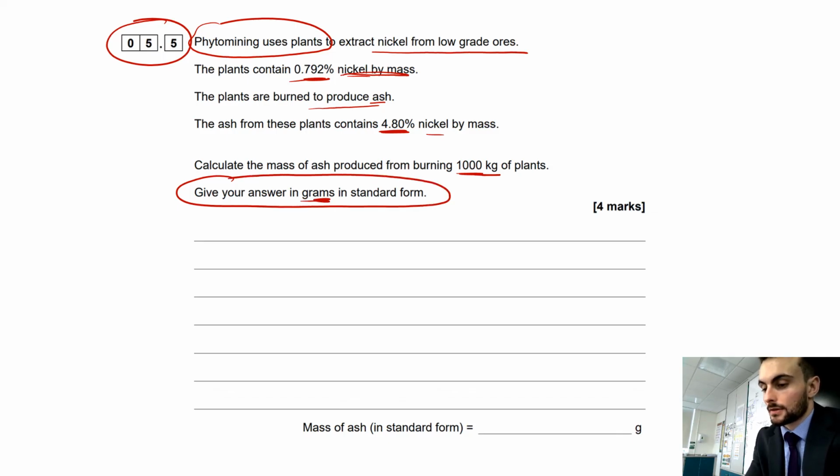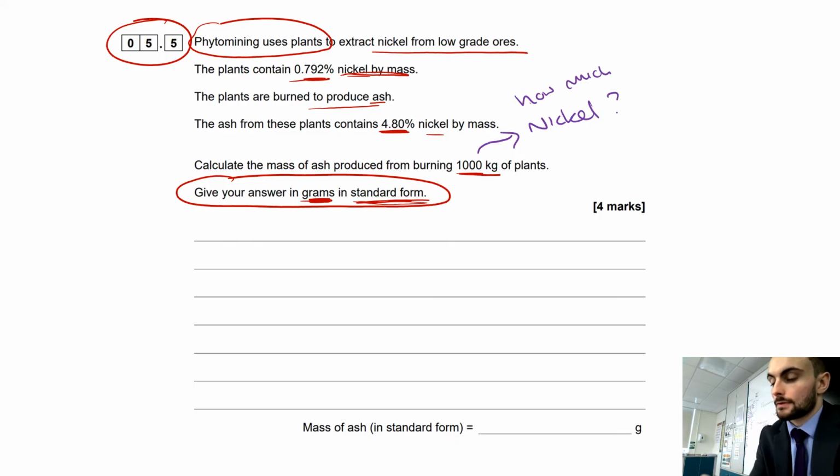Very important for this, because we could lose potentially 1 or 2 marks if we don't do this at the end. Just like you get those significant figure questions or decimal places, be very careful, read the question carefully. So the first thing we need to figure out for this is how much nickel is in this, right?